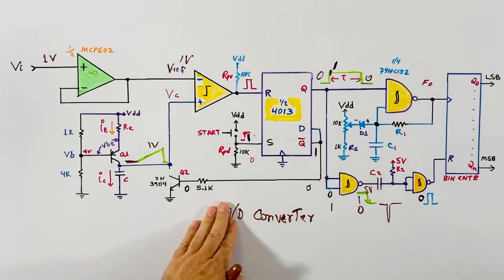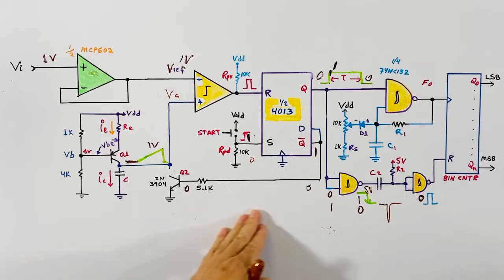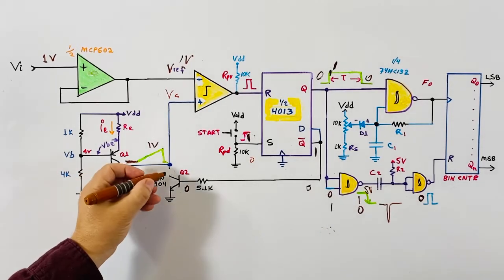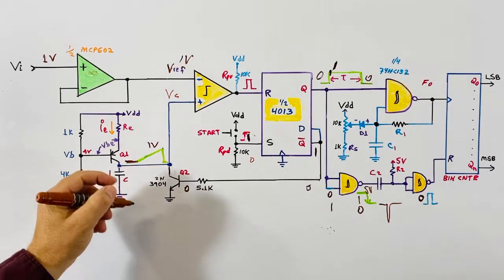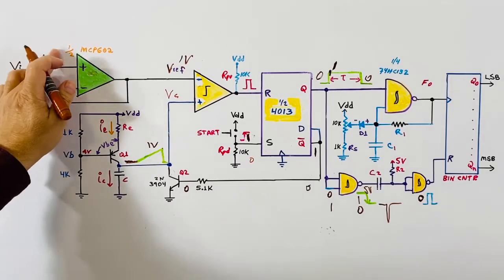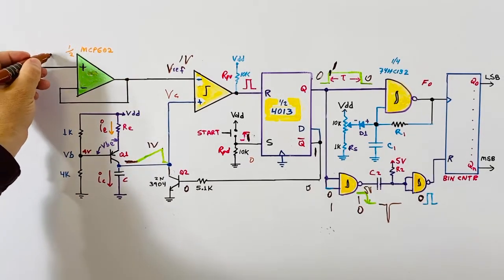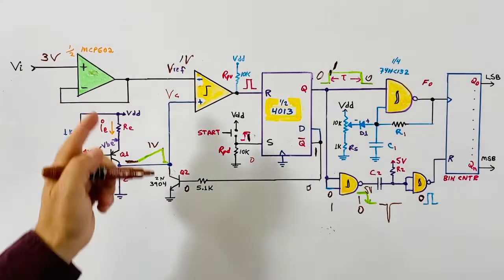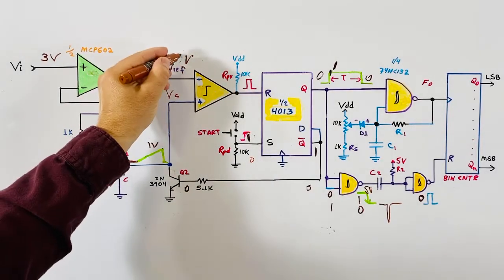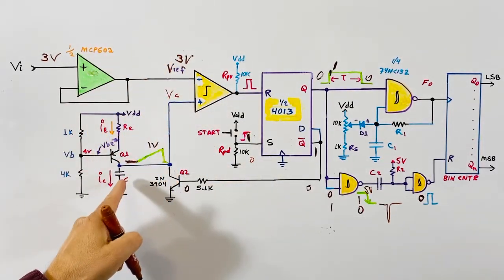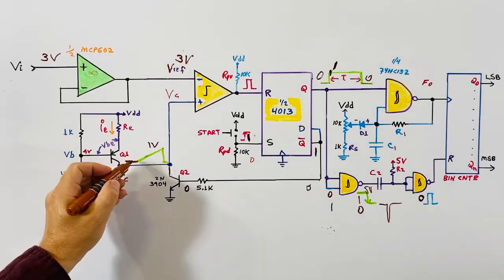Another way to see this A to D converter is what happens if we apply a higher voltage. So if we apply, let's say 3 volts, 3 volts will be our reference.